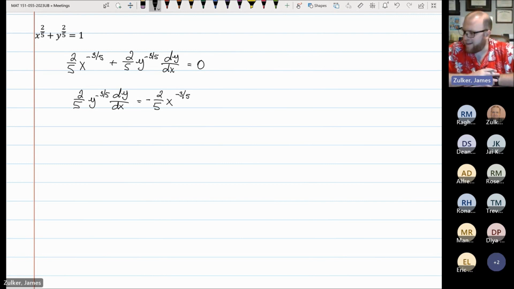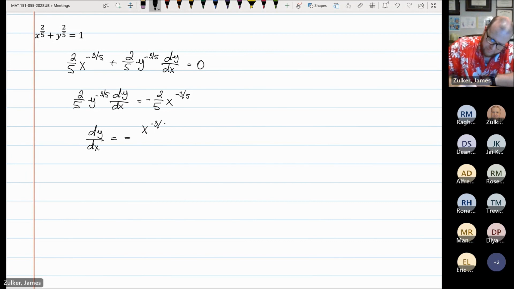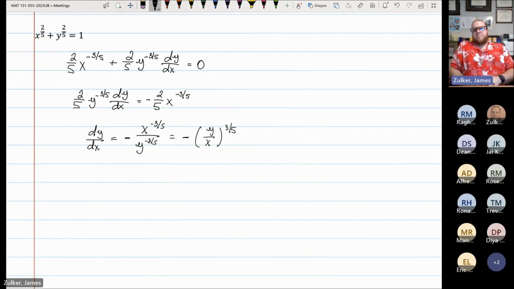Move all dy dx terms to one side, all non-dy dx terms to the other. There's only one term for dy dx, so no need to factor. You get negative quantity y over x to the 3/5 power.